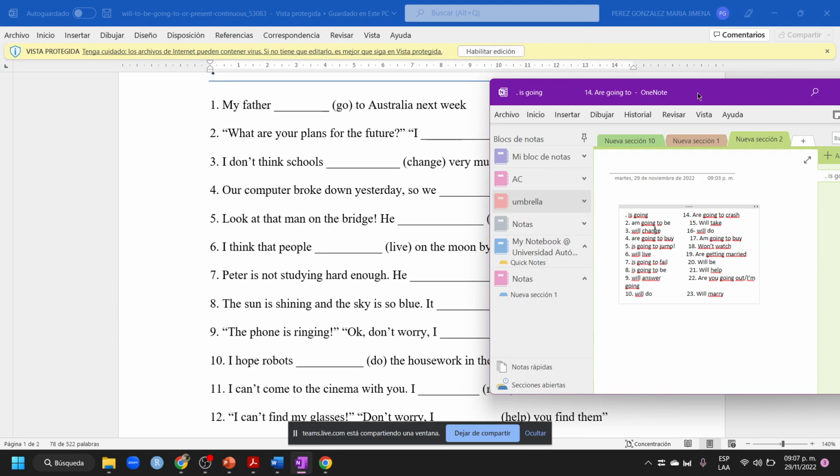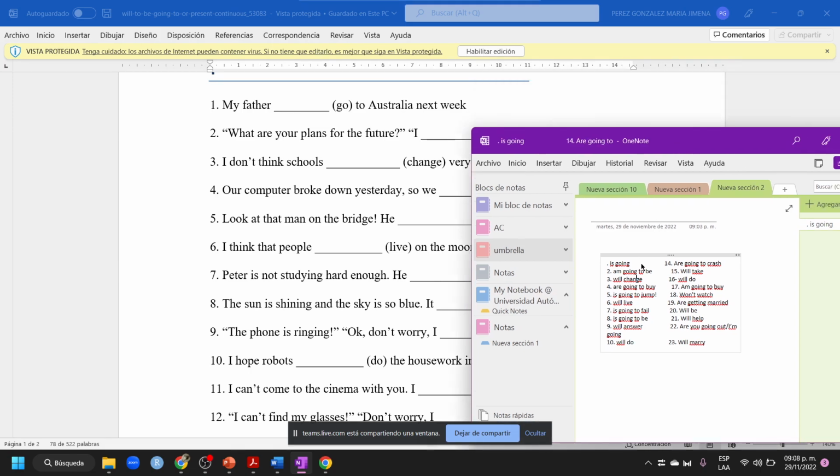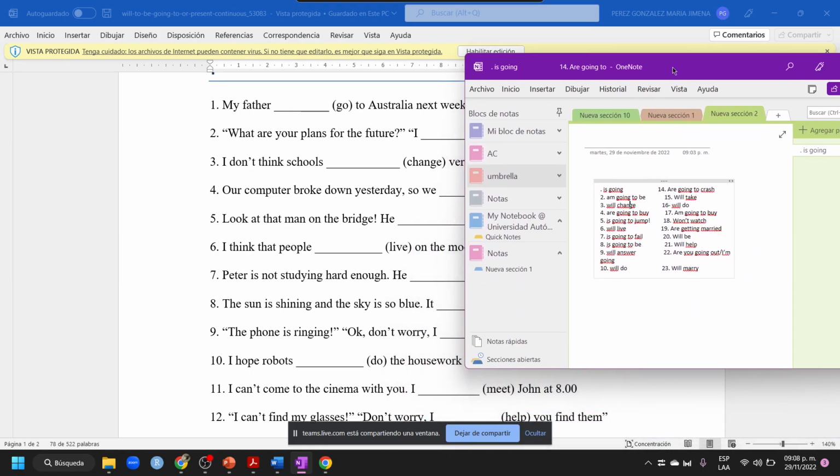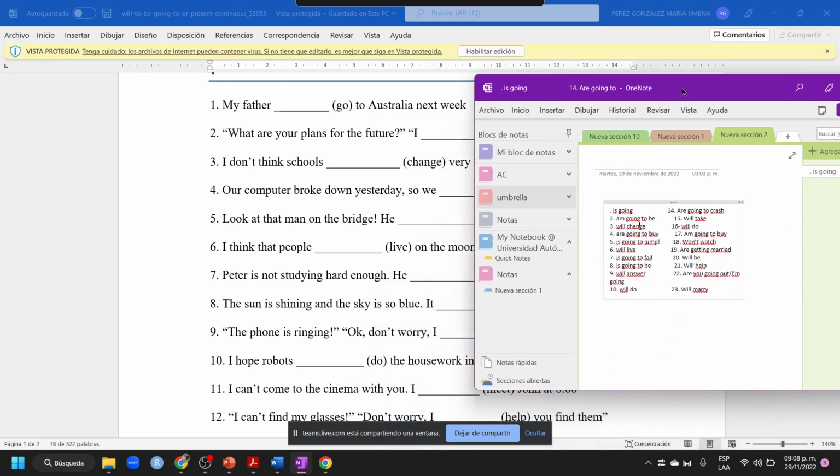Ok, number 6. I think that people will live on the moon by 2050. Exactly. Yo pienso que la gente vivirá en la luna. Ok, number 7.